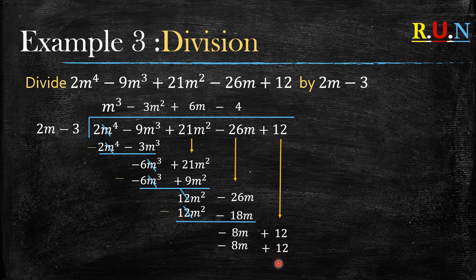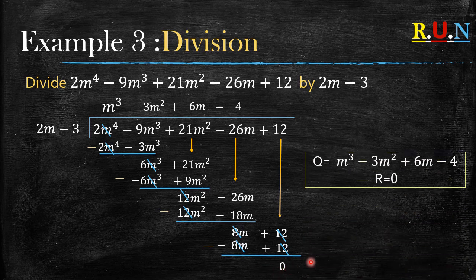Okay? So from this point you draw your line, and then you bring out your minus sign, and then here you subtract. What's negative 8m minus negative 8m? Equals 0, they cancel out. What's positive 12 minus positive 12? They also cancel out, which means the remainder is 0.